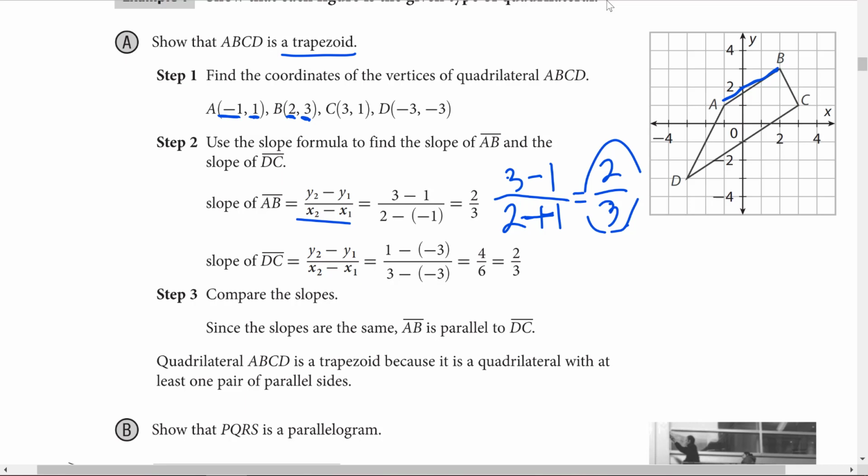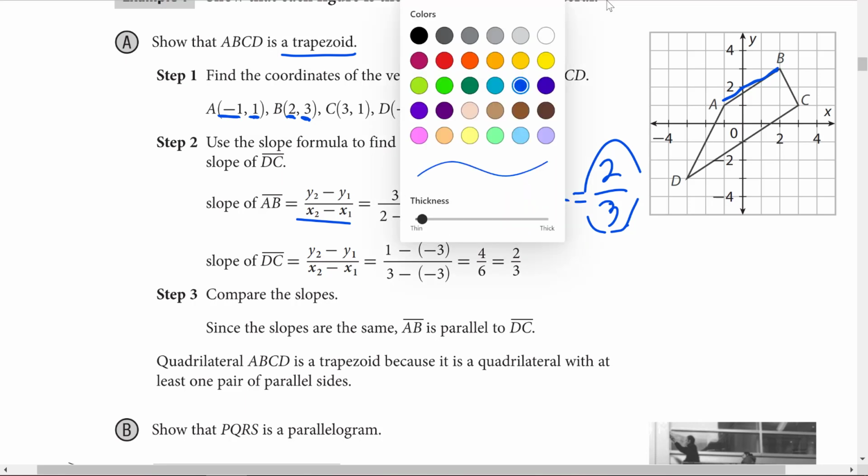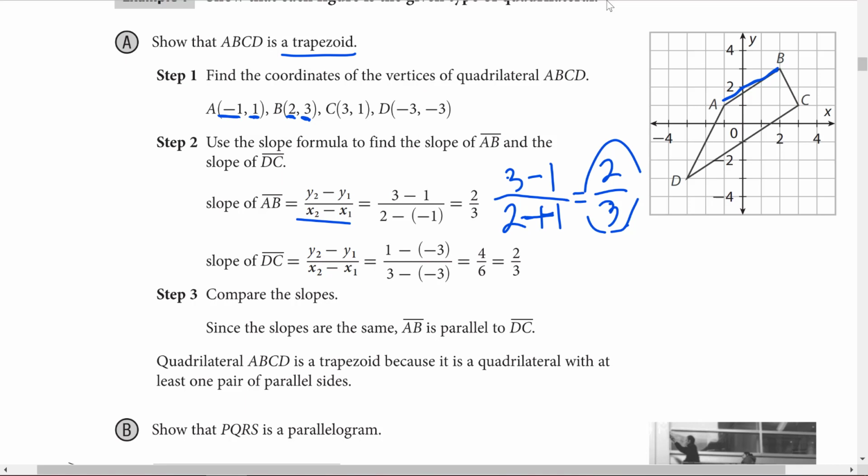We're going to take the point D and the point C. And so if I take the y-coordinate from point D minus the y-coordinate from point C, which is 1, and then the denominator, I do the x-coordinates. -3 is the x-coordinate of D, minus 3 is the x-coordinate of point C. Simplify that, -3 minus 1 is -4. -3 minus 3, that's -6.